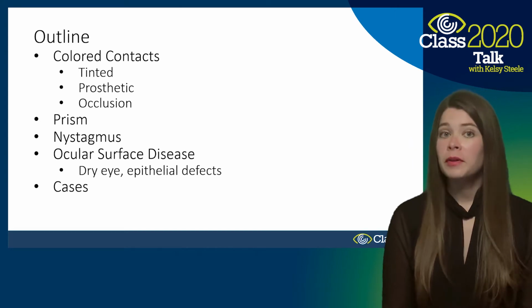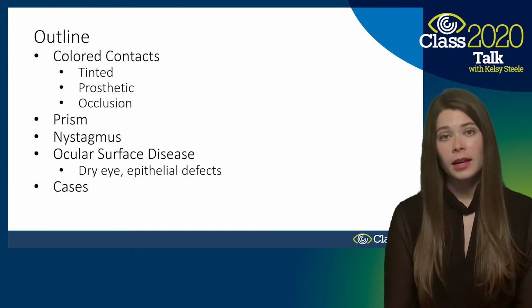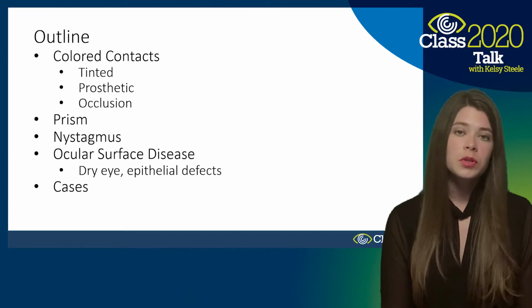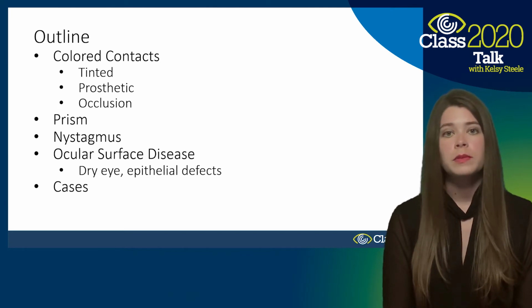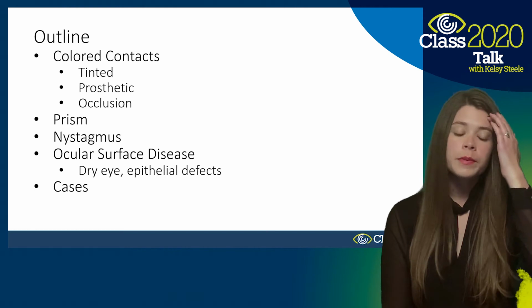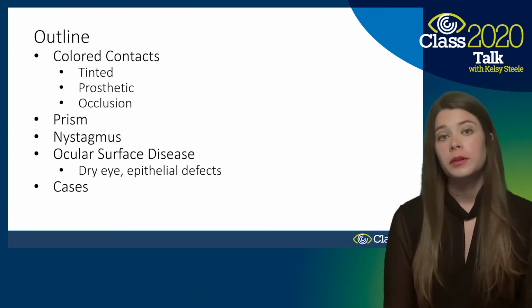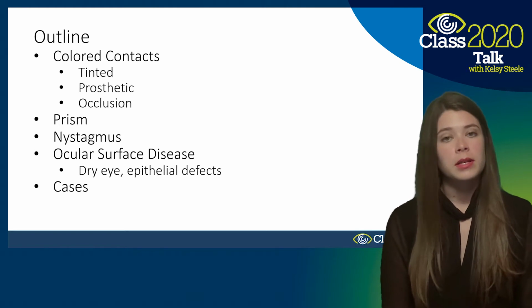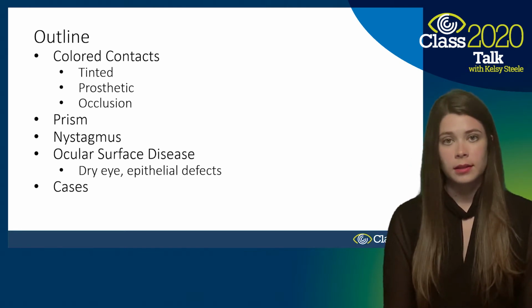Today, I'm going to flip it around a little bit. I won't really be covering any of those. We'll be talking about some of the more unique and non-traditional utilizations for specialty contact lenses. We'll spend a lot of the time talking about colored contacts. We'll talk a little bit about tinted as well as prosthetic and occlusion contact lenses.